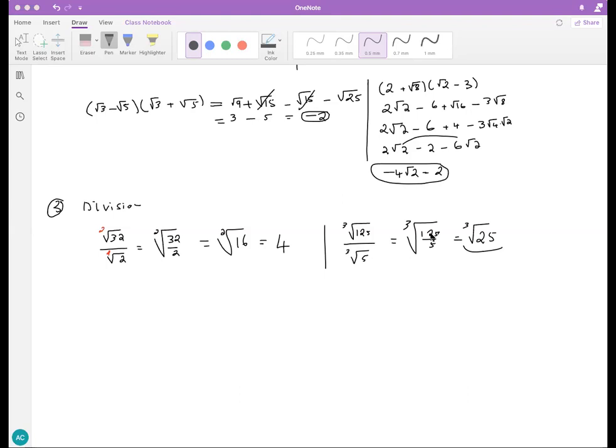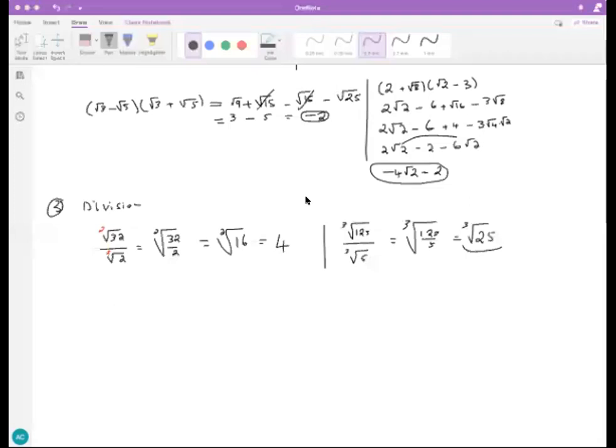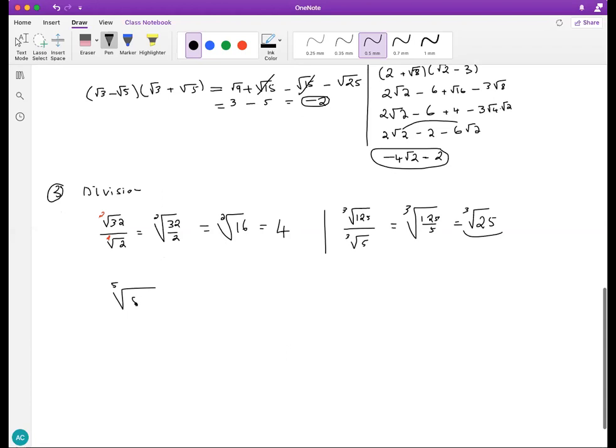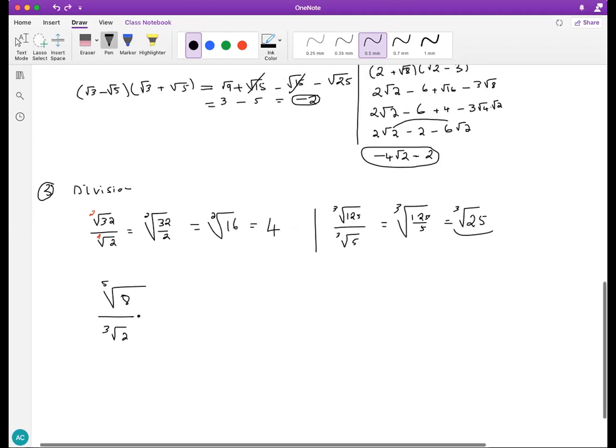Let's see another case. What if you have, say, radical of 5, and you have maybe 8 here. Can we divide and simplify these?